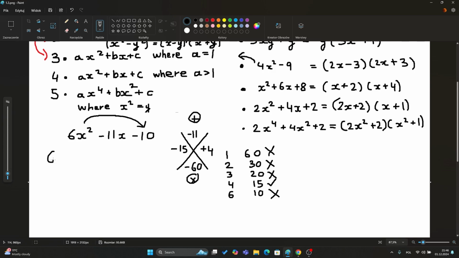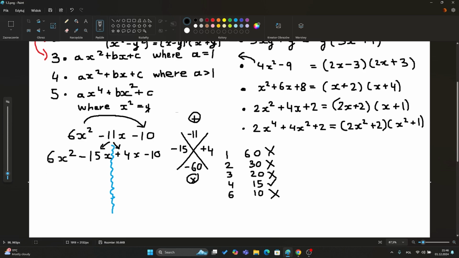So we can write this as 6x squared minus 15x. Now notice that those two split, so basically minus 11 splits into those, our answers, which we figured out. And now we have to divide it to factorize it.